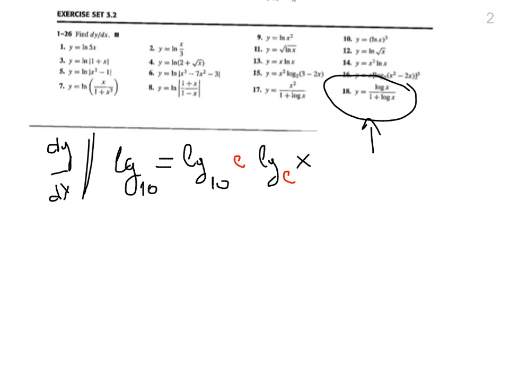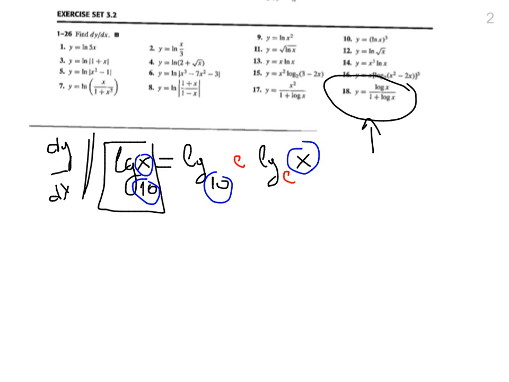Now what happened here? We started with the logarithm in base 10 of x, and we transformed this into this product.